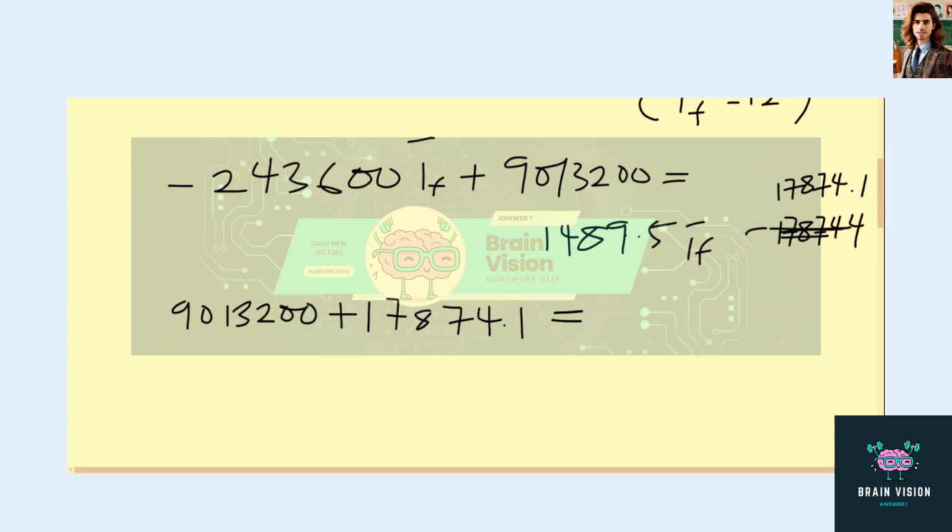So we are just grouping the TFs at one side and grouping the constants at the other side.